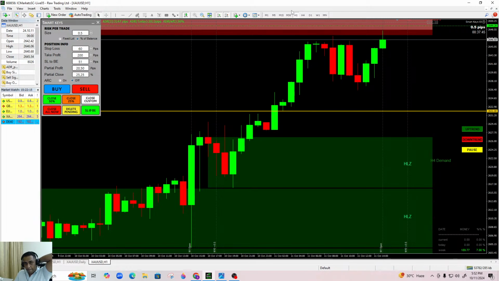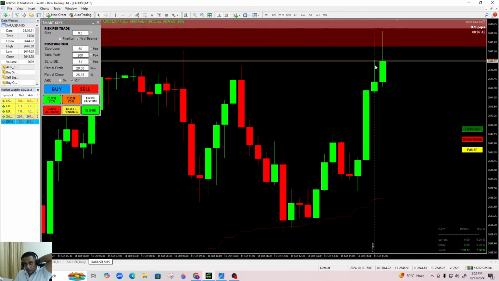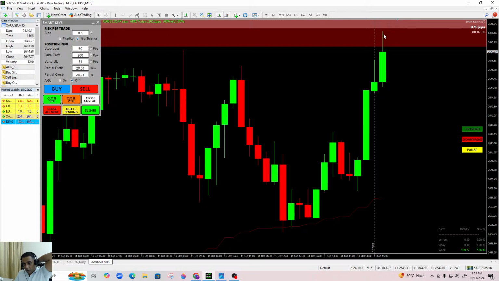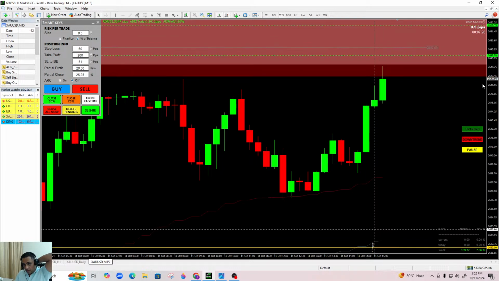Okay, let's look at the 15-minute. We've broken a high, we've touched this. The next candle, if it doesn't break the high, if it respects this high, then it'll drop straight down. But I want to see price touch this.